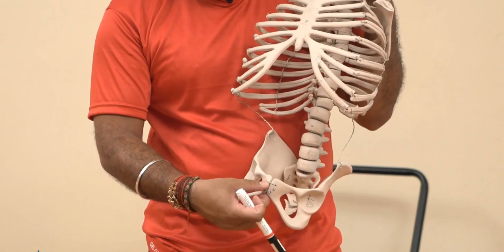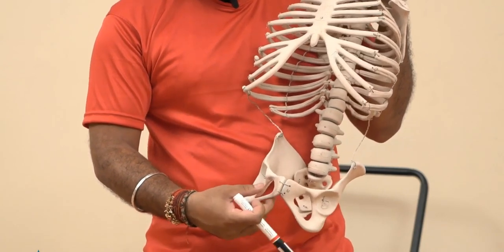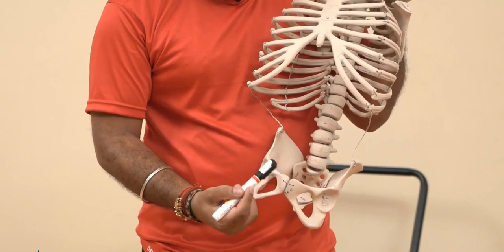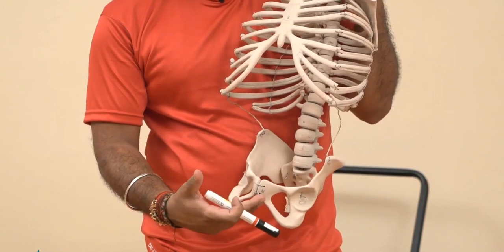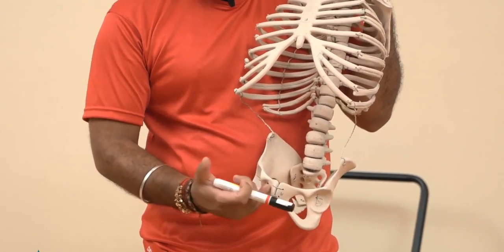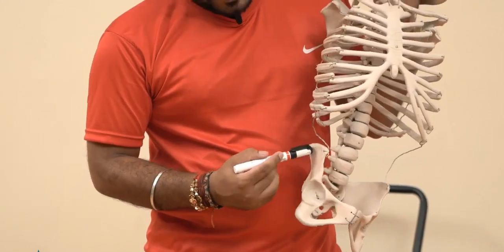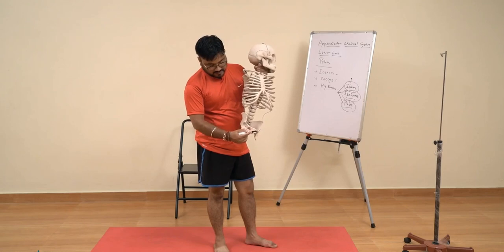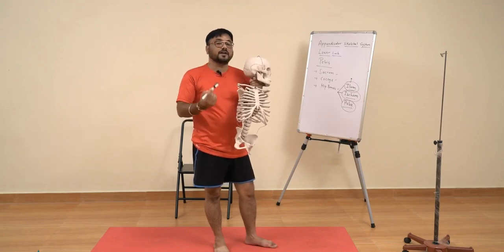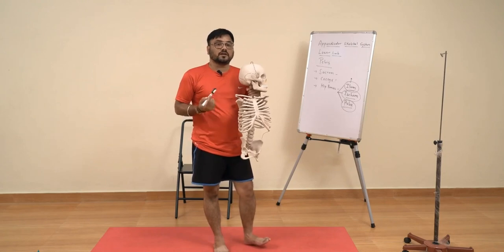That is the ischial tuberosity here also. So the ischium is here, and this is the sit bone, which you can find over there. So the ilium is here, the ischium is here, and the pubis is this part, the base of the hip bone, the lower part of the hip bone.